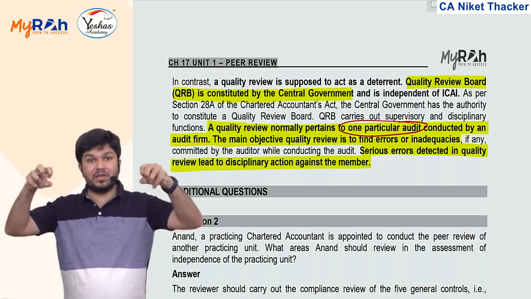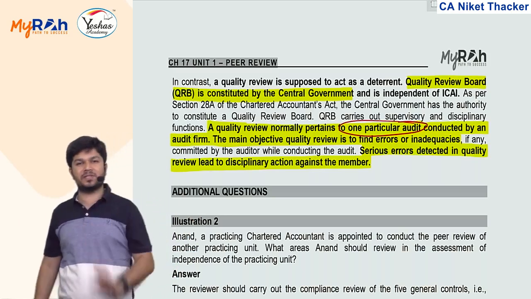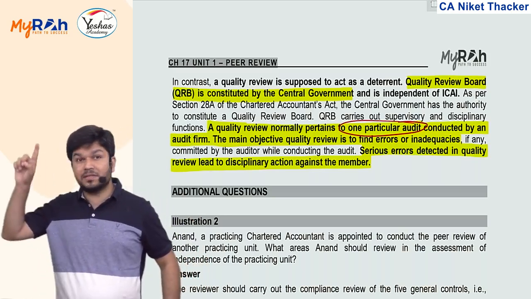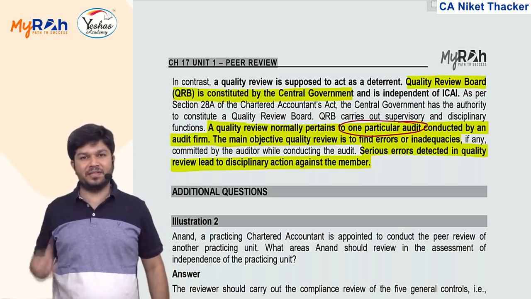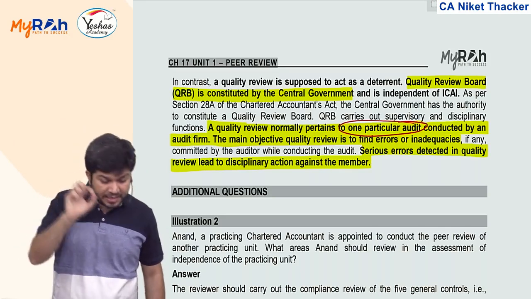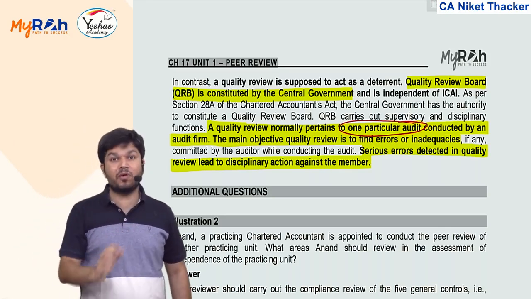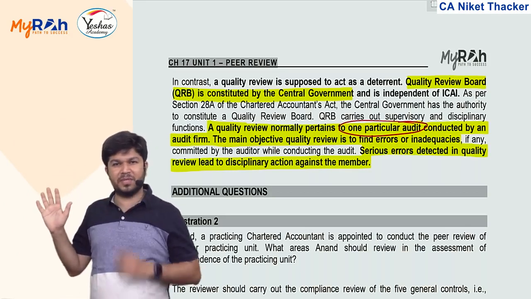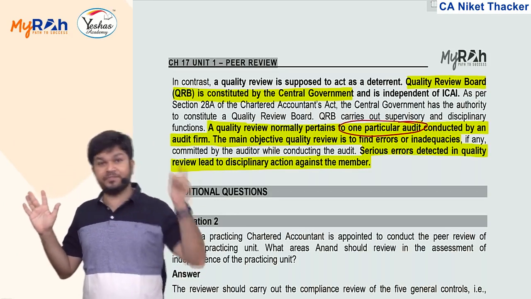If one of your audits, like Satyam where fraud was discovered, so that year's Satyam audit or past Satyam audits, if they are selected by the quality review board, imagine you did the audit. So PwC did the audit of Satyam.